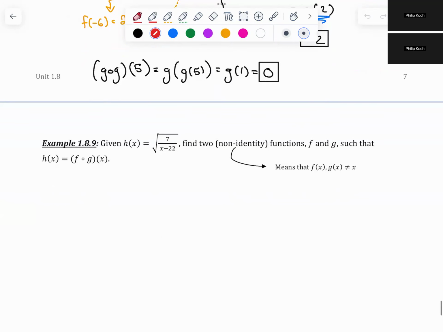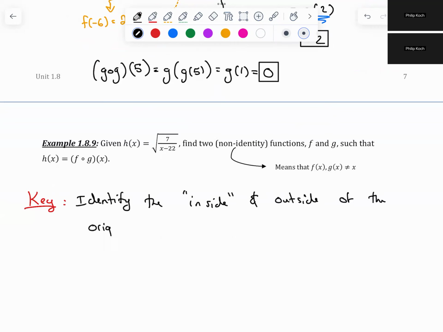The key is to identify the inside, quote unquote, and the outside of the original function.